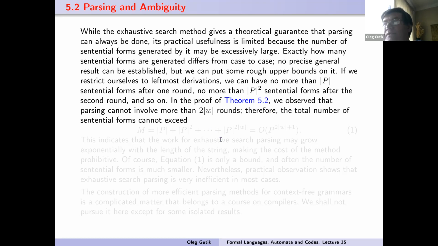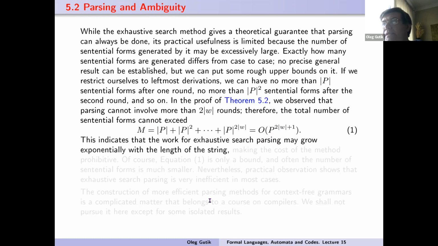Therefore, the total number of syntactical forms cannot exceed M, and summing such a series, we get that it is of order size of P to the power 2 multiplied by the length of the word W plus 1. This indicates that the work of exhaustive search parsing may grow exponentially with the length of the word, making the cost of the method prohibitive.